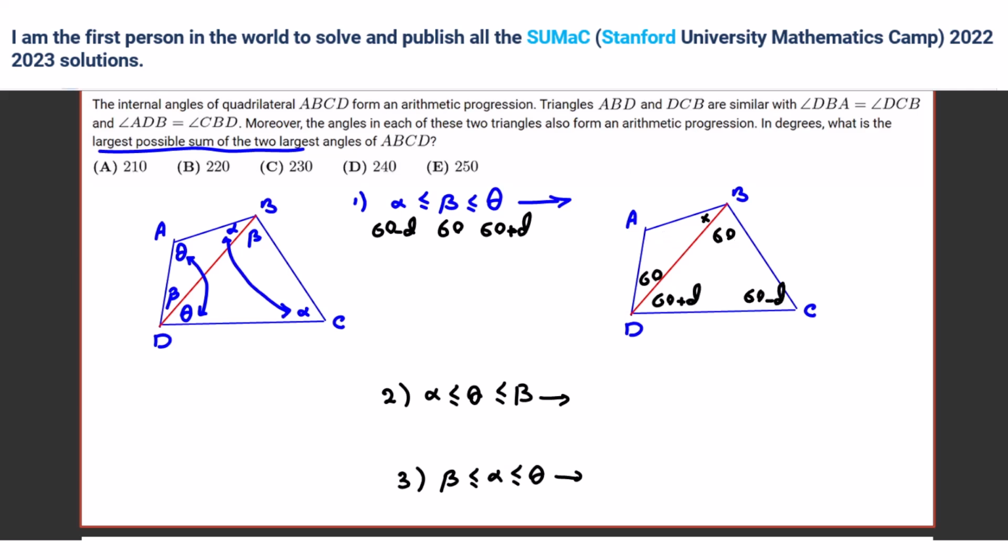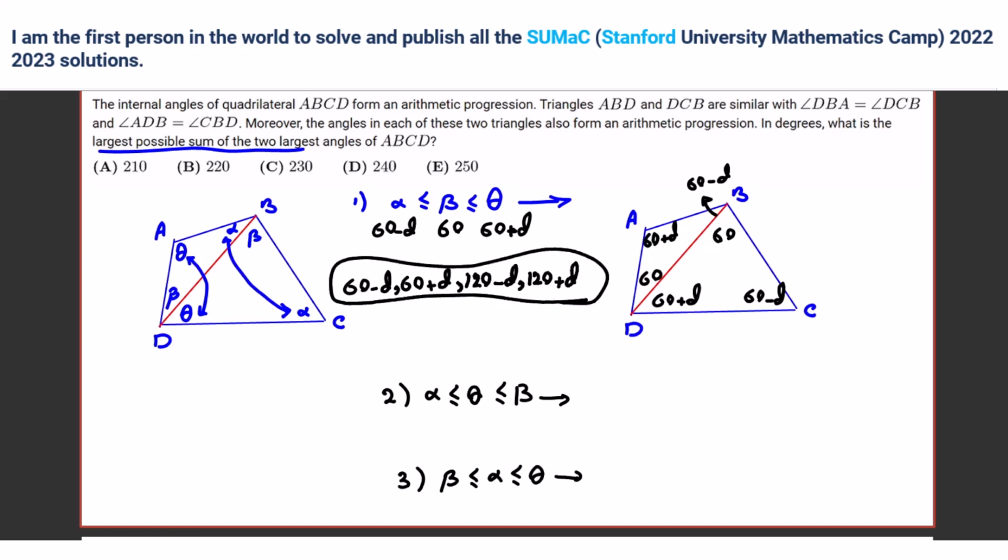This one also is 60 plus, right? And the last one is 60 minus. Okay, so if you write the angles of the quadrilateral, it's 60 minus d, 60 plus d, 120 minus d, 120 plus d, right? They form an arithmetic progression, right?